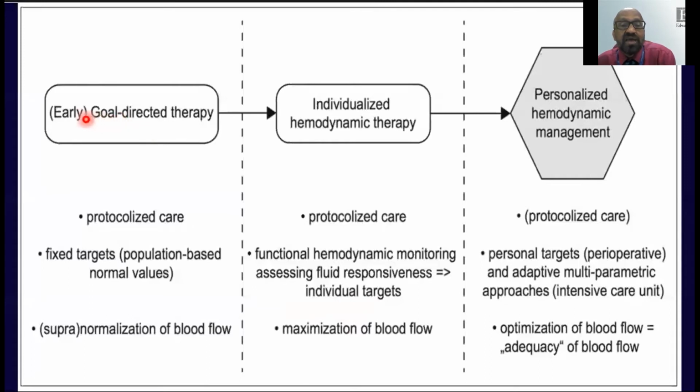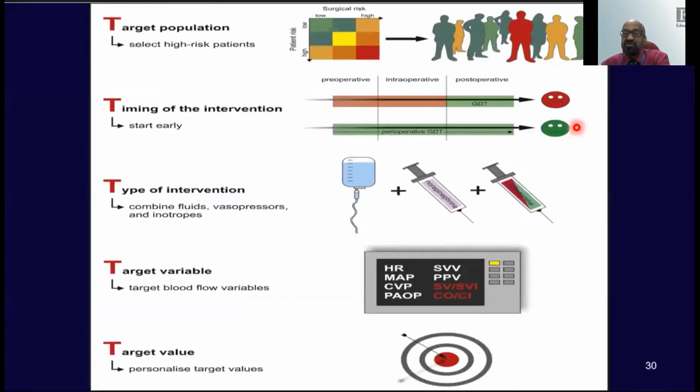The first one is early goal-directed therapy, where the patient's management is subject to protocolized care. Then you have individualized hemodynamic therapy, where the blood flow can be maximized to suit the particular individual. And you have personalized hemodynamic management, where there is optimization of blood flow and the blood flow is made adequate for a given particular situation.